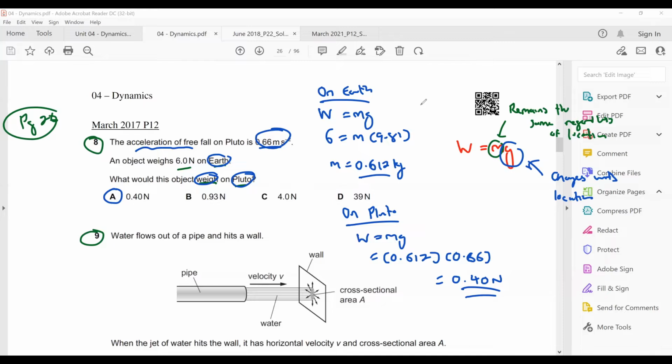There could also be another way of doing this. This is another way of doing the same thing. I'll just show you first.